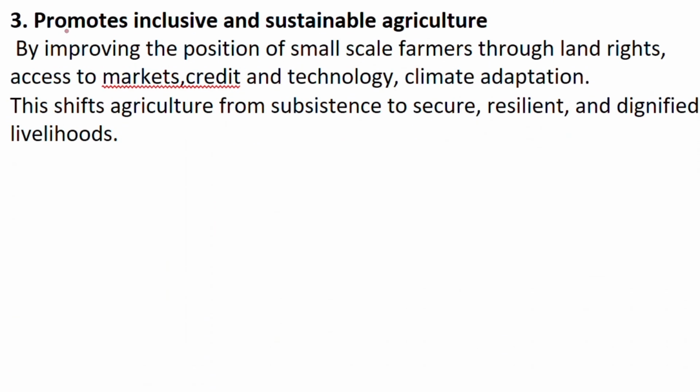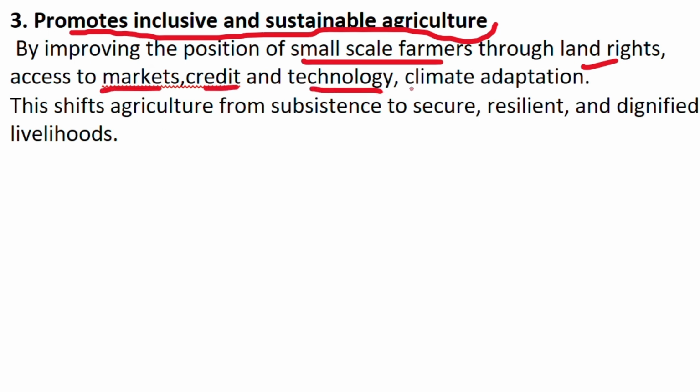Third point, it promotes inclusive and sustainable agriculture. Certain targets and indicators focus on sustainable agriculture and on increasing the livelihood of farmers, right? By improving the position of small scale farmers through land rights, access to markets, credit and technology, this shifts agriculture from subsistence to secure, resilient and dignified livelihoods.